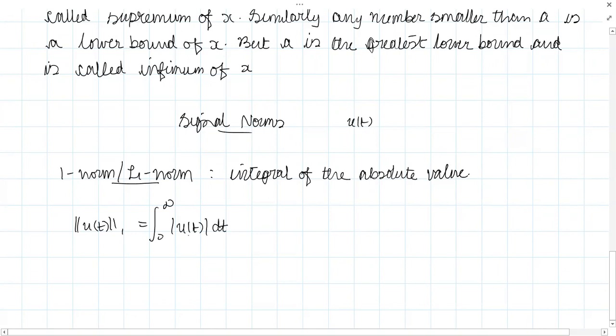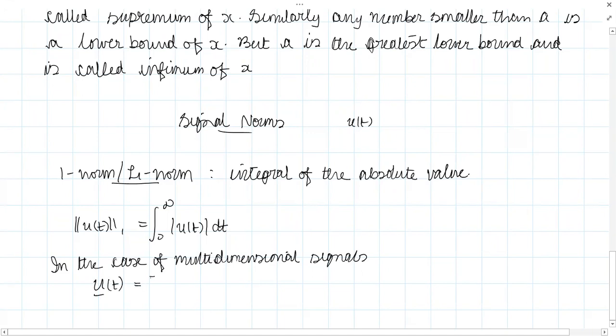Now suppose your signal is a vector, with components u1, u2, etc. up to u_nu, in the case of multi-dimensional signals. Say u is a vector in this case; the bar means it is a vector.